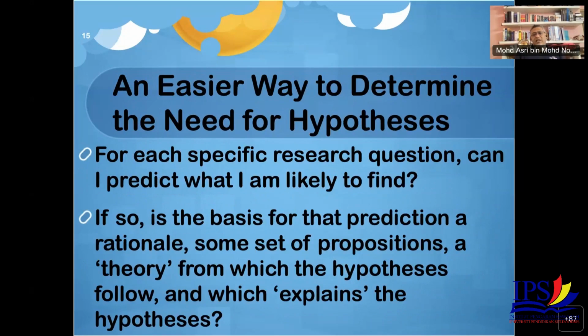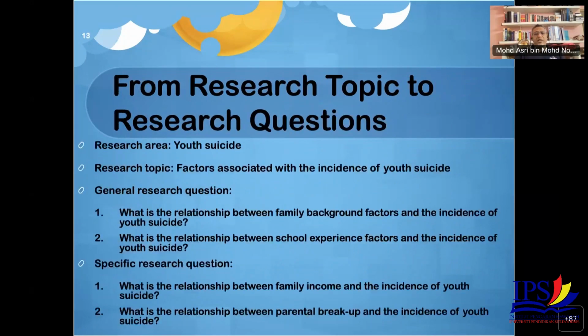If you look at this, you can actually predict the kind of relationship between family income and the incidence of youth suicide. Someone may predict the higher the family income is, the lower the incidence of youth suicide is. One can predict that way. Or someone else may predict the opposite way.